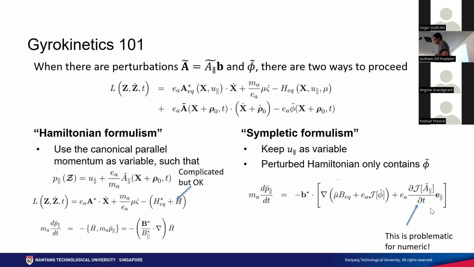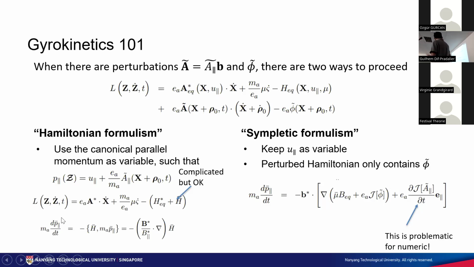The time derivative of A parallel is the parallel electric field, so if you have a parallel electric field, it will add to the parallel velocity, and that is the natural way this proceeds. The way that we do it on the left-hand side is that we put the two together into a new variable, so the parallel electric field is already contained in your parallel momentum and you do not have the time derivative here. So why are we saying that this way is the winner for this case?